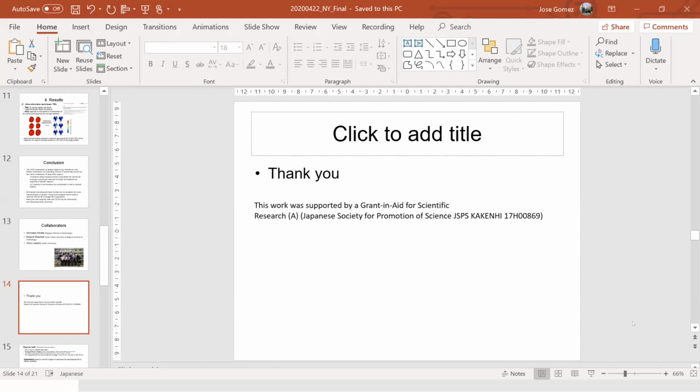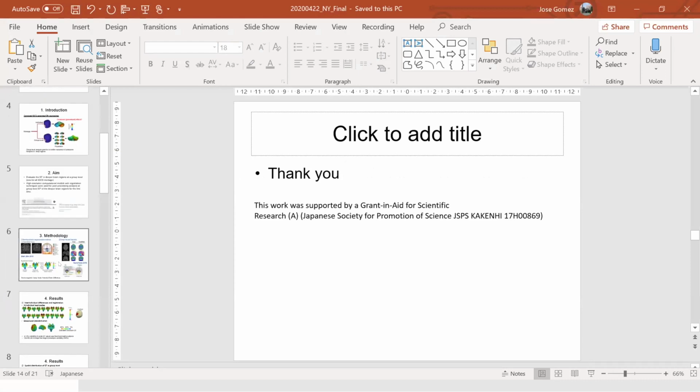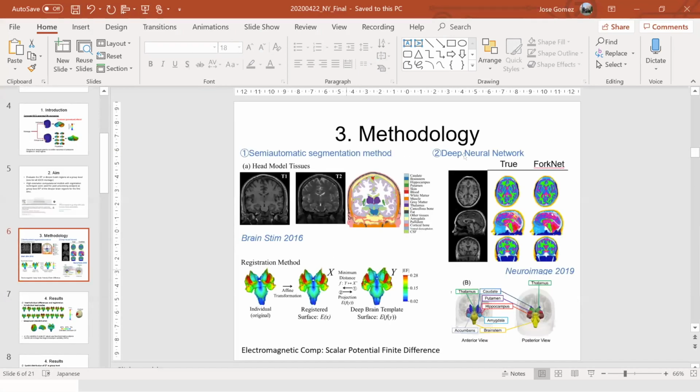Thank you, Zeinab. Thank you, Jose. Great talk. I was just wondering which registration technique did you use for your images, and whether you used any template to register all the images to a standard space. Yeah, exactly. We used the standard space, maybe ICBM 152, if I'm not wrong with the name.